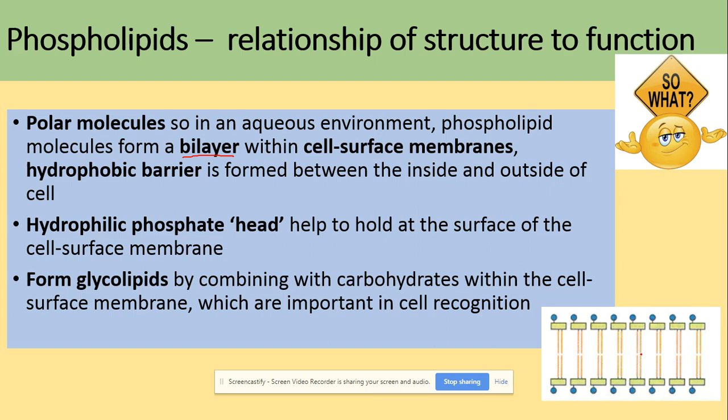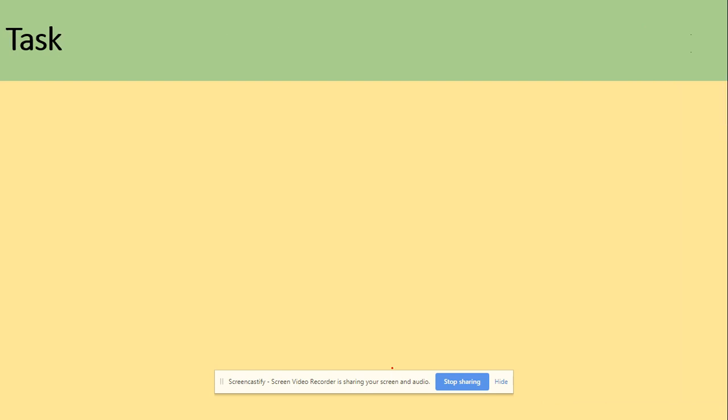The hydrophilic phosphate heads help to hold the surface of the cell surface membrane, and they can also form glycolipids by combining with carbohydrates within the membrane. When you learn about immunity, glycolipids are really important in cell recognition.